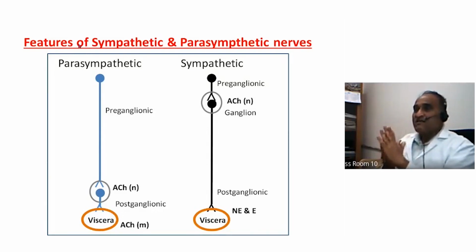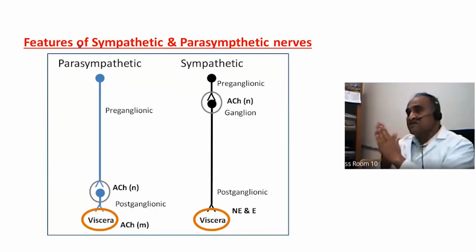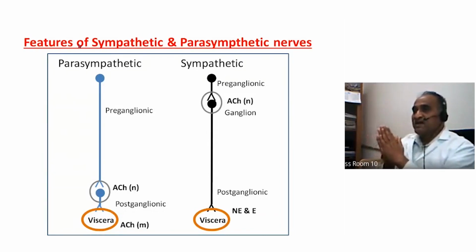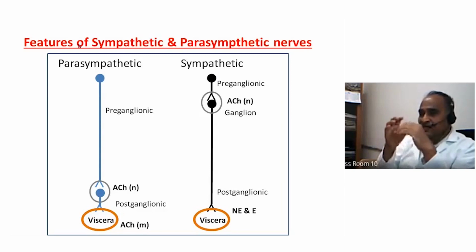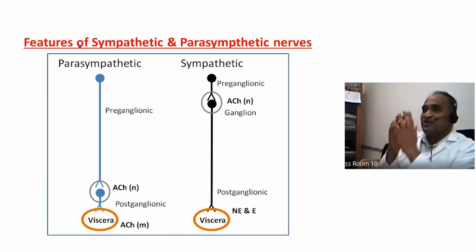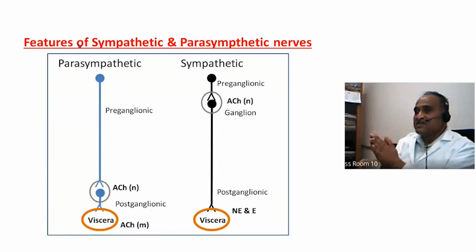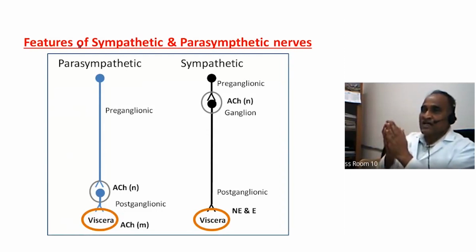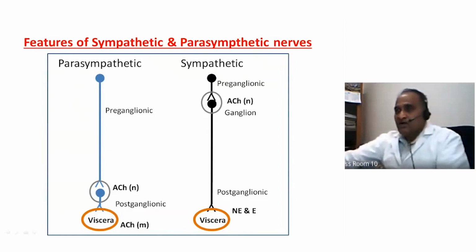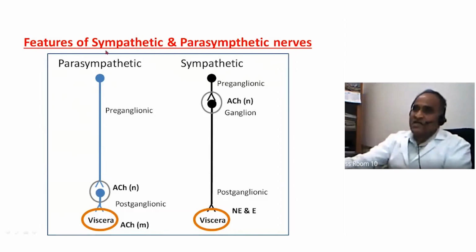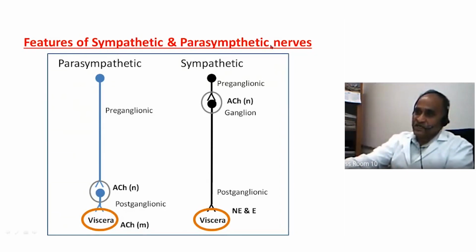It is a sort of antagonism which opposes the physiological actions. Say, for example, sympathetic produces more excitability, while parasympathetic cools down. So each one is a physiological antagonist. Now, look here, what is the organization of the sympathetic and parasympathetic nerves?